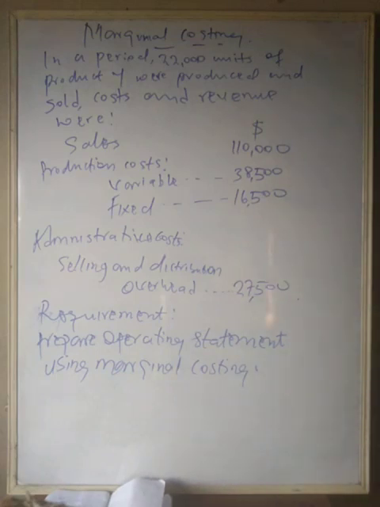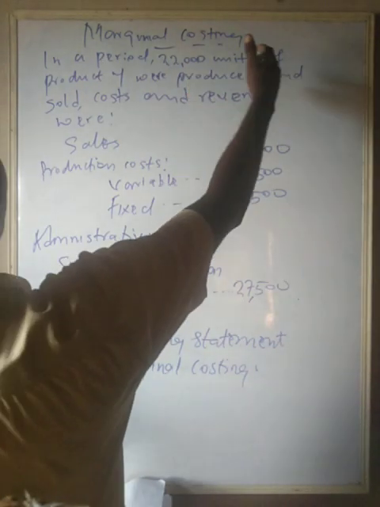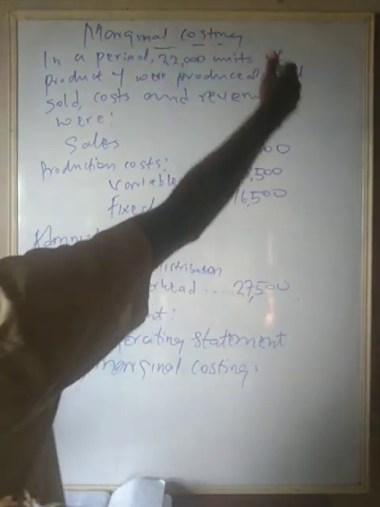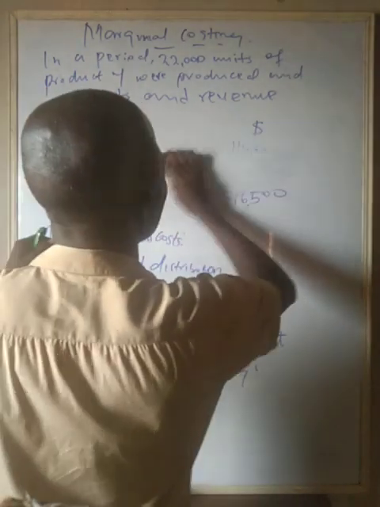The question said, in a period 22,000 units of product were produced and sold. That means there is no opening and closing stock.